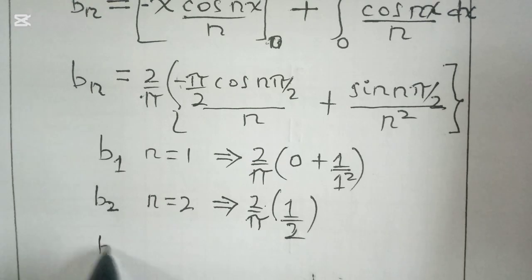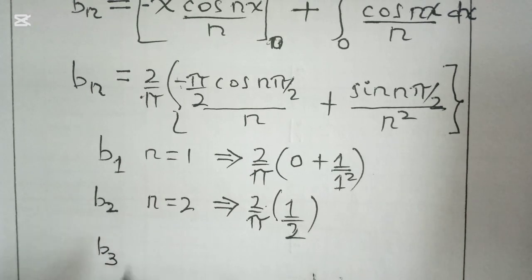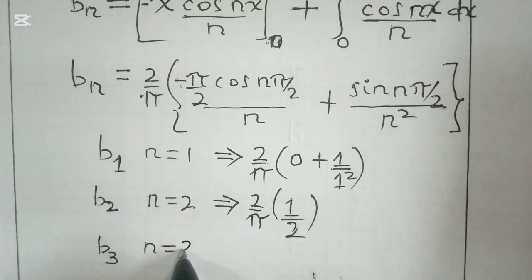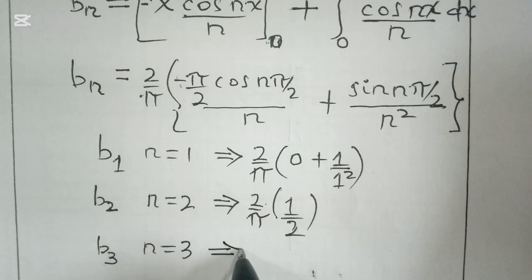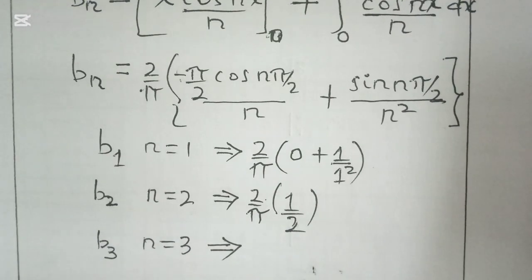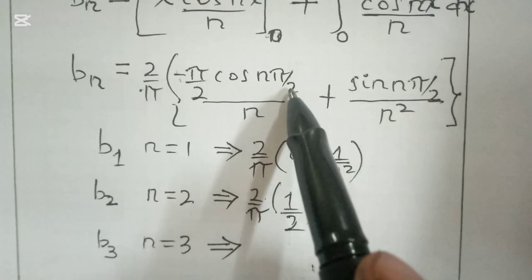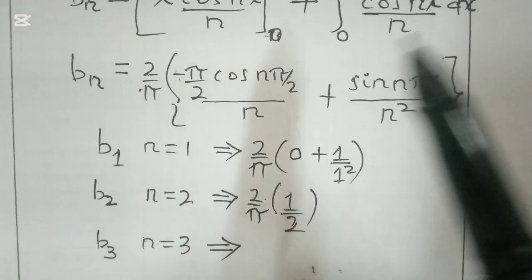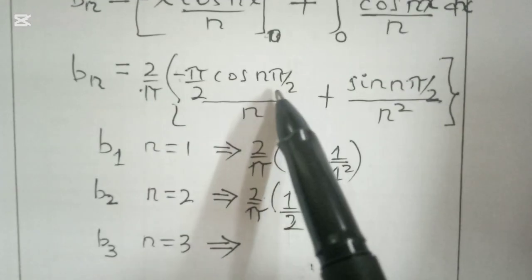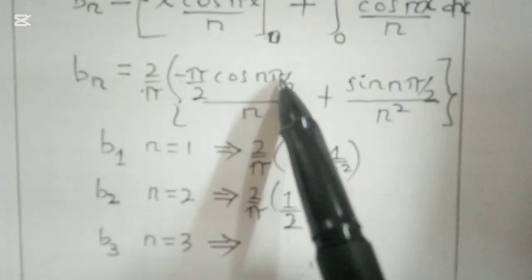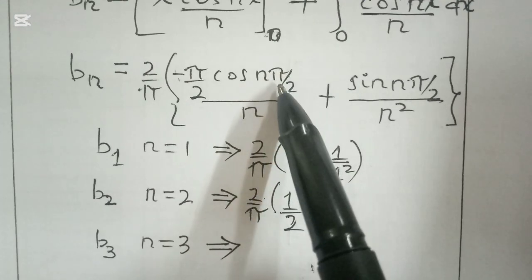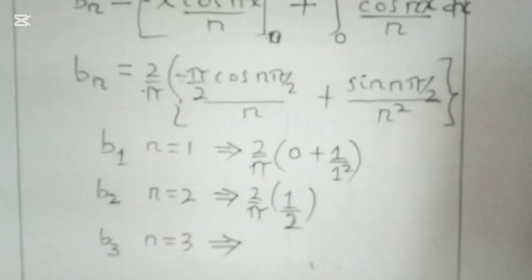Coming to b3, that is n equals 3. This one now is going to be 3 over 2, that is 1.5, times 180, which gives 270. Cos 270 becomes 0.